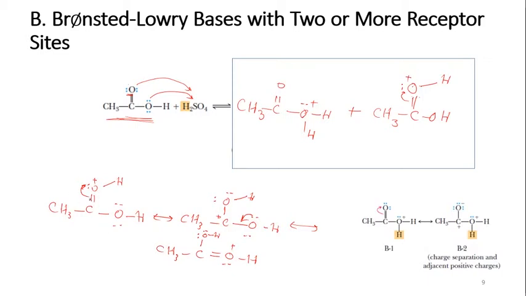You could see that either this double bond will move to my oxygen and I will have charges around my oxygen, or my two non-bonding pairs will move to that side and I will have the double bond on that side. So the double bond is just resonating over the whole structure.